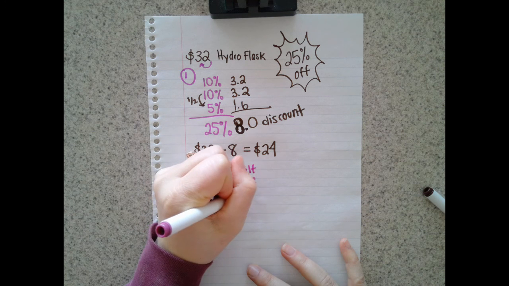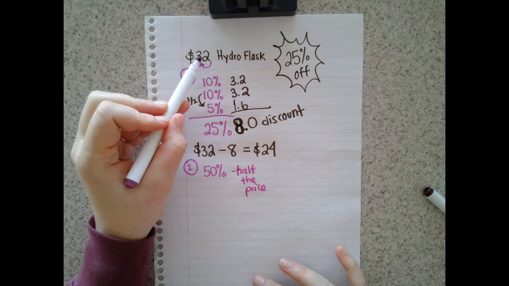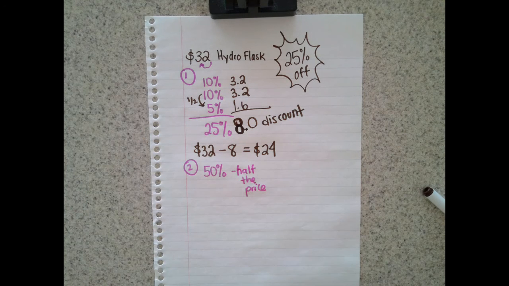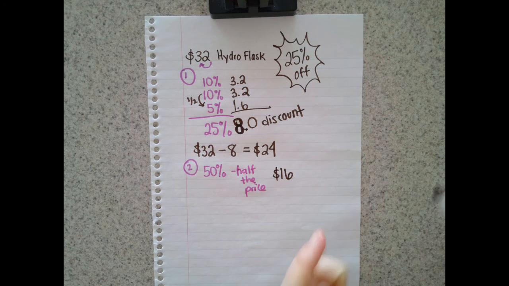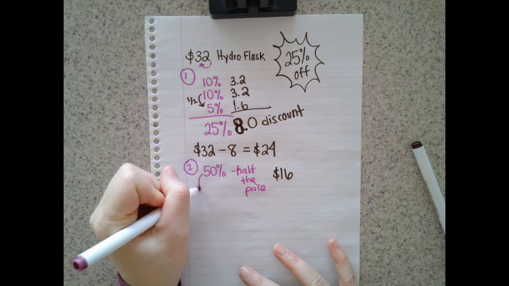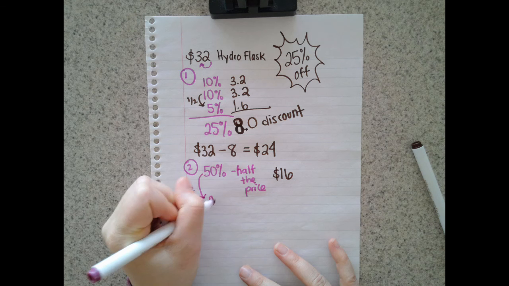Half the price. Half of 32 is $16. Okay, now if we cut 50% in half, that gives us the 25%.